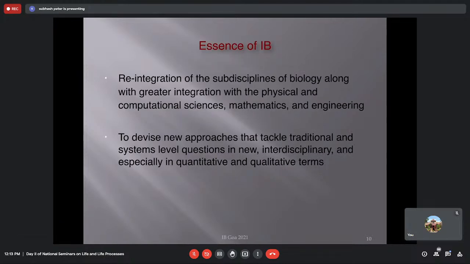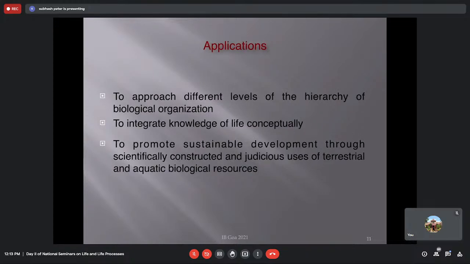So it is the reintegration of the subdisciplines of biology together with modern fields in engineering and computation, so that we get more in-depth understanding of the quantitative and qualitative processes happening in life and life processes. The application, of course, is really conceptual, where you have to even look at the sustainability of our science, and also the conservation of the bioresources around us.